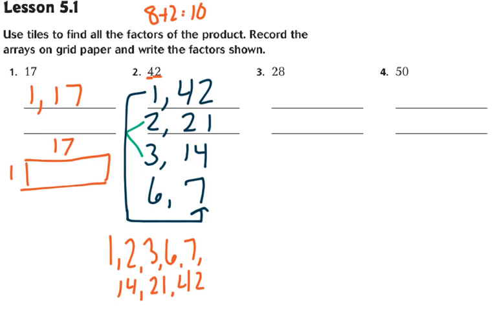Okay, our next number is 28, and we're going to find all of the factors for that. We have 1 and 28. 28 is an even number, so 2 times what gets me 28? 14. The sum of my digits, in this case, I would add 2 plus 8, and I would get 10.